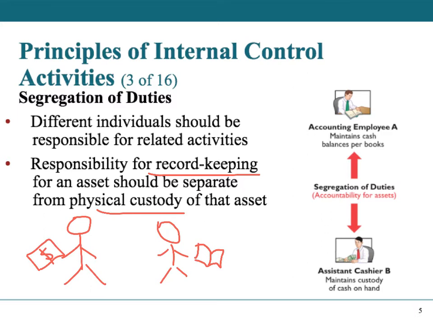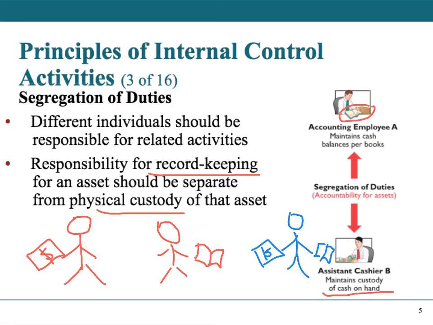Like you can see up here, custody of cash on hand versus cash per books. So that's wonderful. Now if I have one guy, I'm going to put him in a different color, top hat, that has both cash and records.